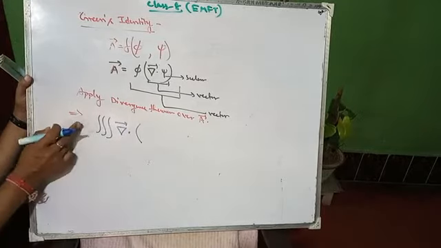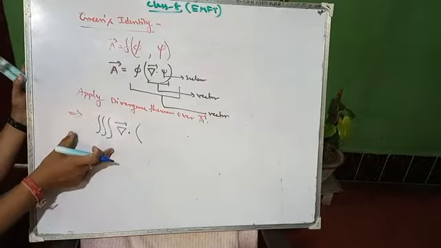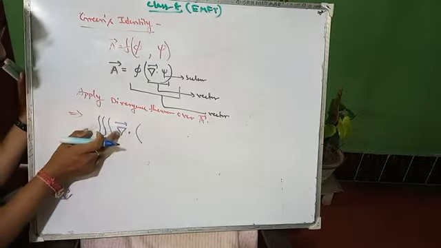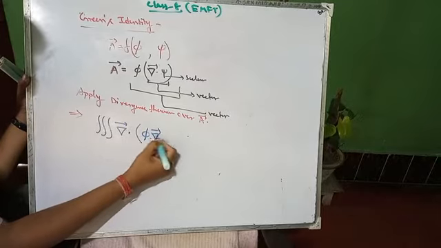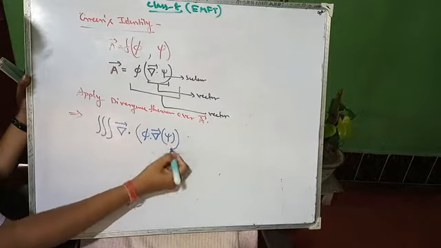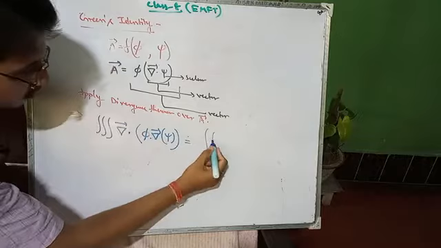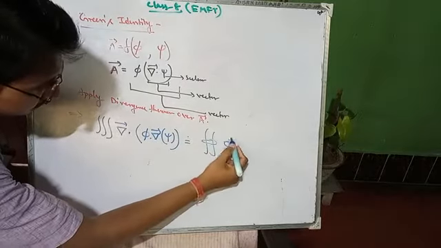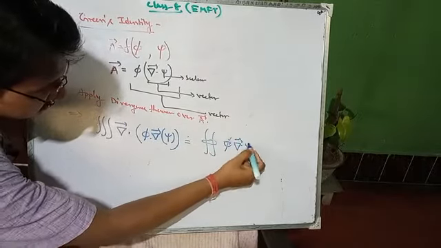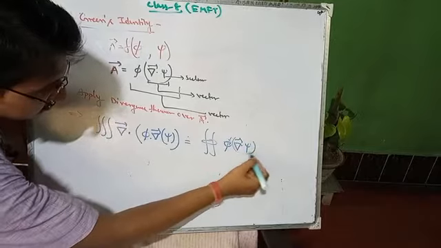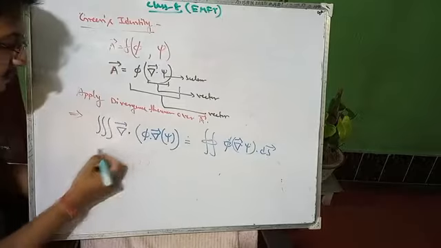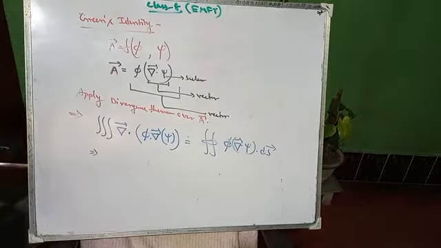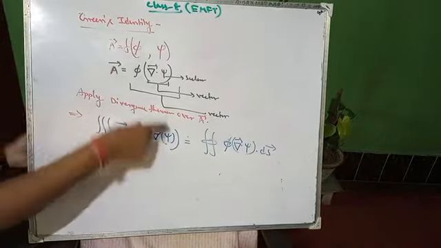We take the right hand side here, so no problem. The volume integral of the divergence of this vector, phi grad psi, equals the closed surface integral of phi grad psi dot ds vector. This is the expression. We just put the value of this vector A over here.